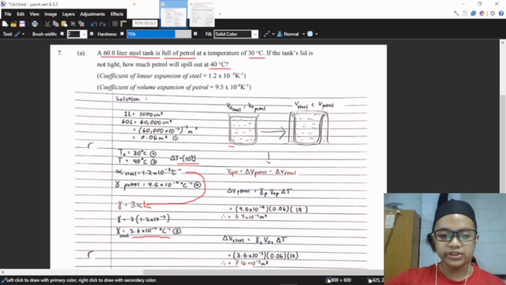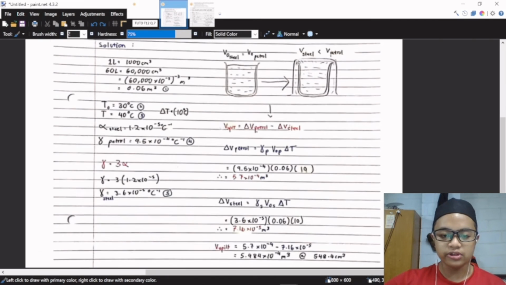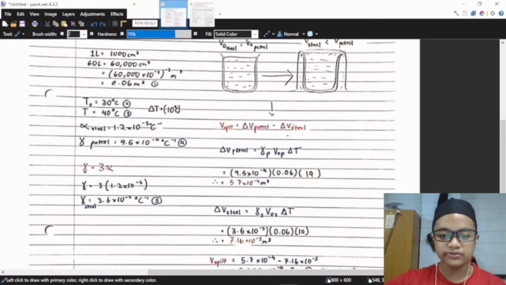Jadi daripada graf ini kita dapat tahu kita sedang cari volume of spill out yang daripada luar tank dan bukan yang daripada kat dalam ini. Jadi volume spilled is equivalent to change in volume of petrol minus change in volume of steel.